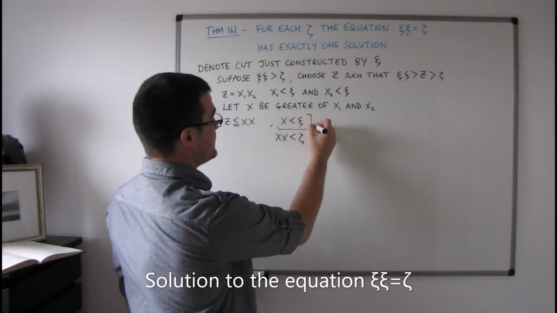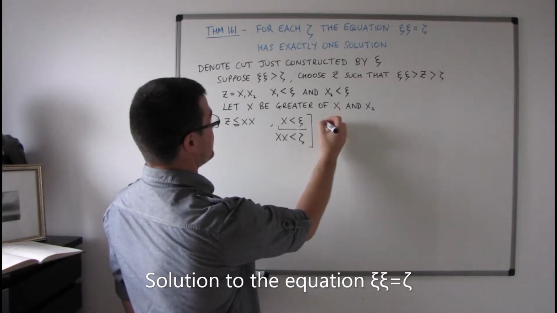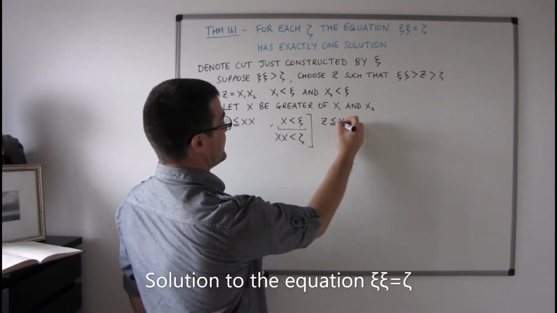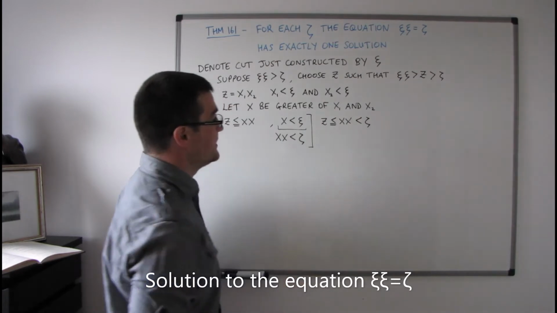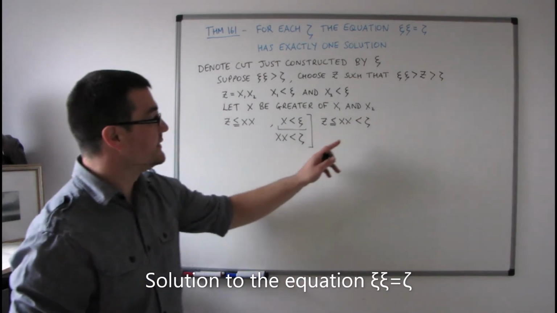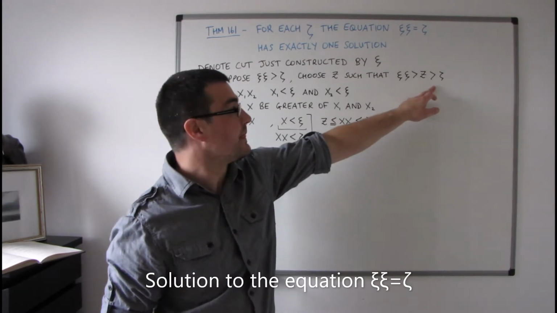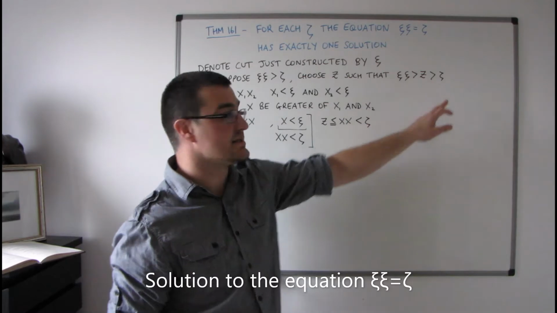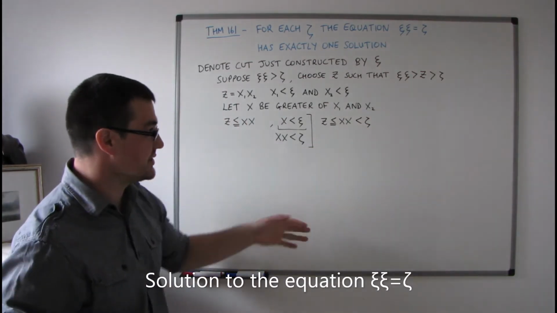So both of these bits of information together tell us that z is less than or equal to x times x, which is less than zeta, which is in contradiction to what we said up here, because z was chosen to be greater than zeta, but this is saying that z must be less than zeta, so there's a contradiction.